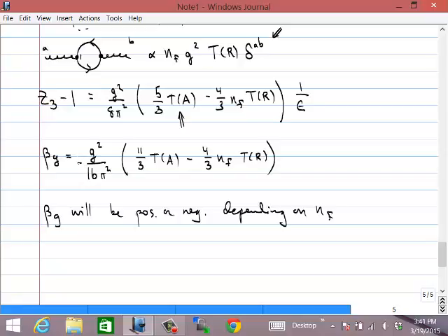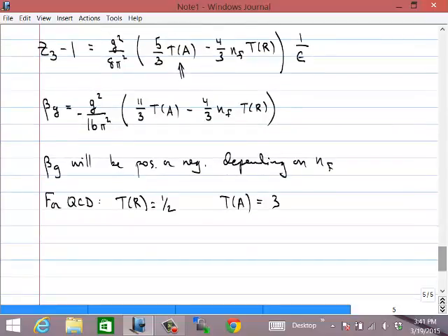So in particular, for QCD, the quarks are in the fundamental representation. So T of R is equal to 1/2. And T of A, I guess you didn't compute it, but it's straightforward to compute. Maybe Richard computed it for you. Is equal to 3.